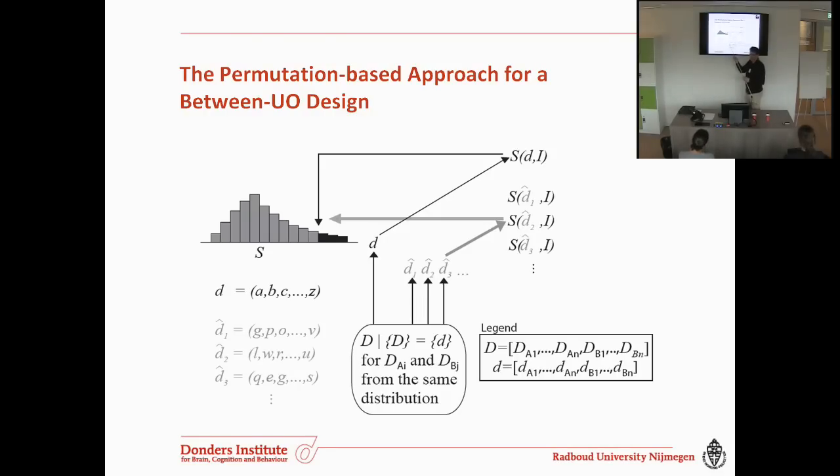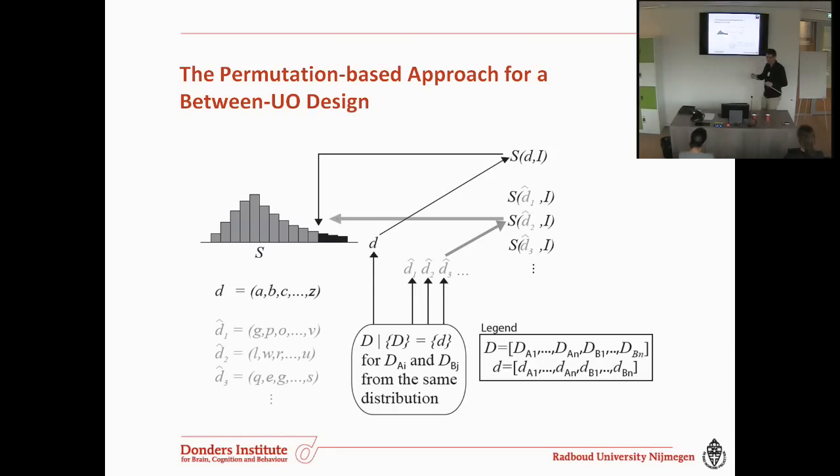So this D is one vector, in a between unit of observation design, of 2 times n numbers. And what is behind the vertical bar is the same numbers but unordered. The same numbers, but ignoring their order, which means that the observations in condition A could just as well have been at the locations where the observations for condition B had to be.